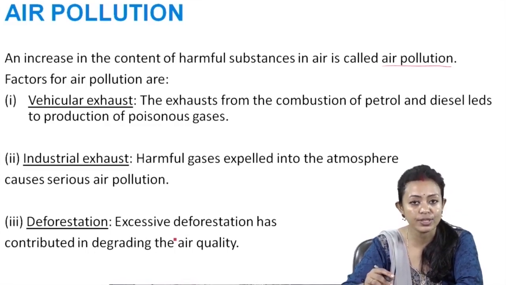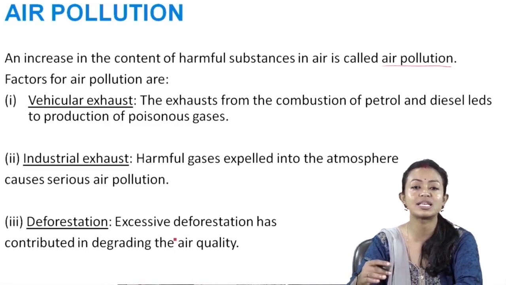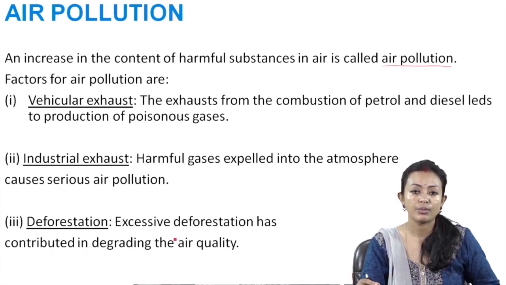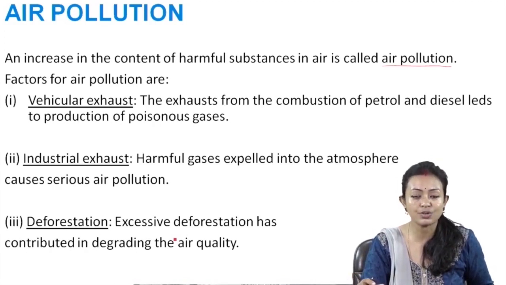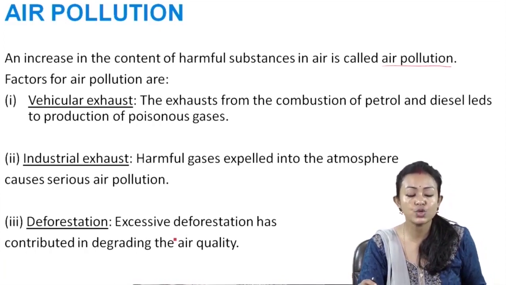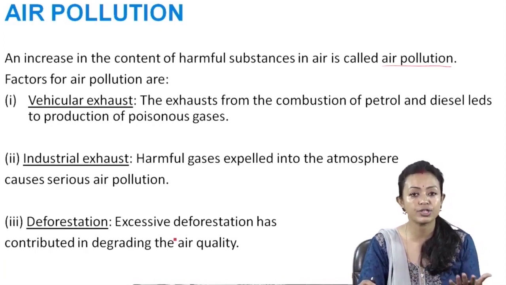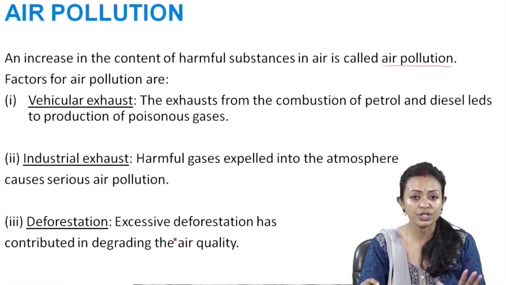But due to deforestation, this balance is disrupted, and the level of pollutants increases. If plants and trees are there, they are a natural way of filtering the air. In fact, vegetation are the natural air purifiers.